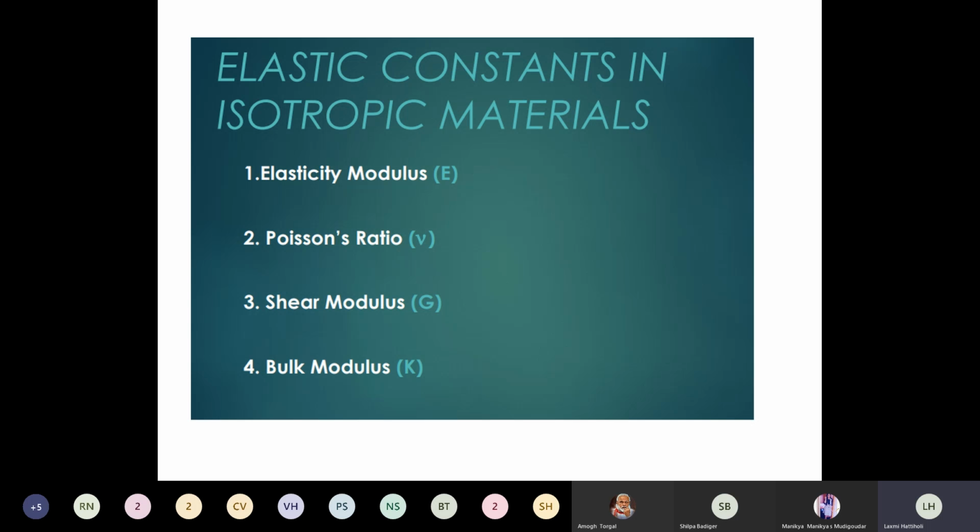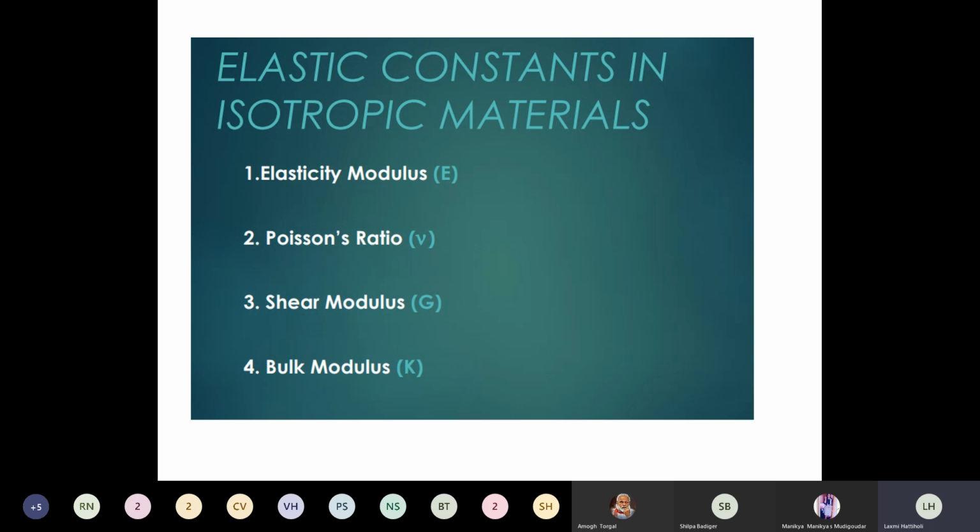You have three equations which relate all these four quantities. For example, E is equal to 2G into (1 plus mu). I'll be using such equations in my numerical examples. That will be your last concept from this first module, and we will take it up in the next class.